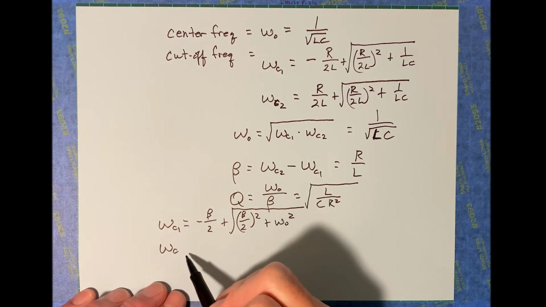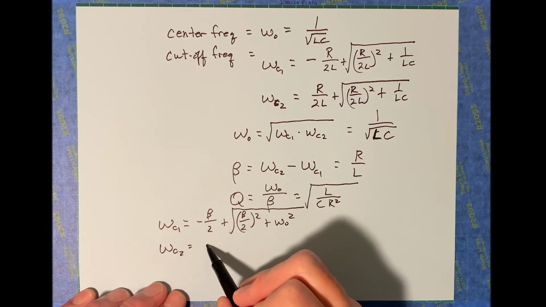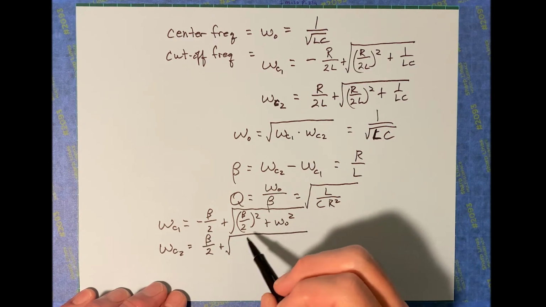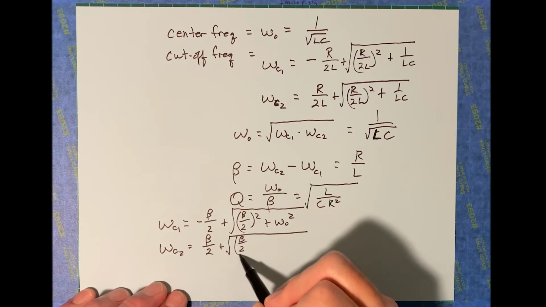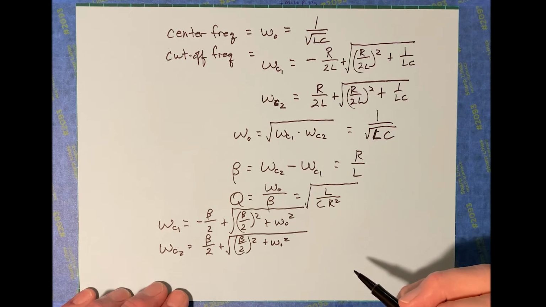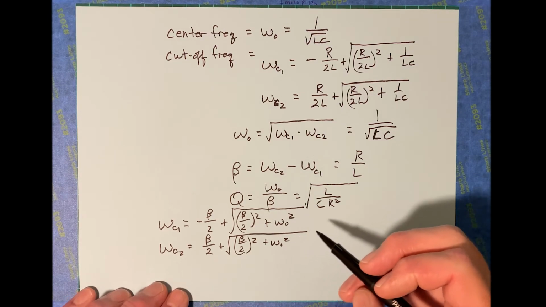And then omega sub C2 is going to be positive beta over 2 plus the same stuff underneath the radical. So beta over 2 squared plus omega naught squared, like that. And there are other ways to write that as well.